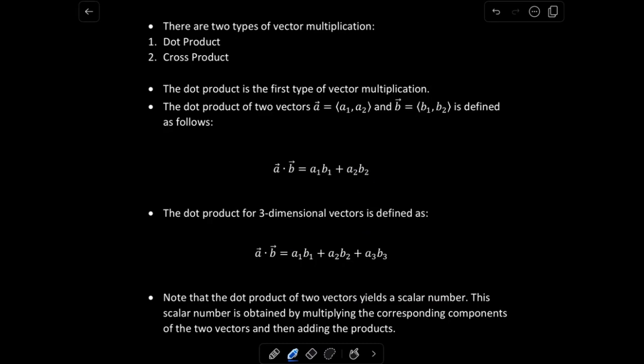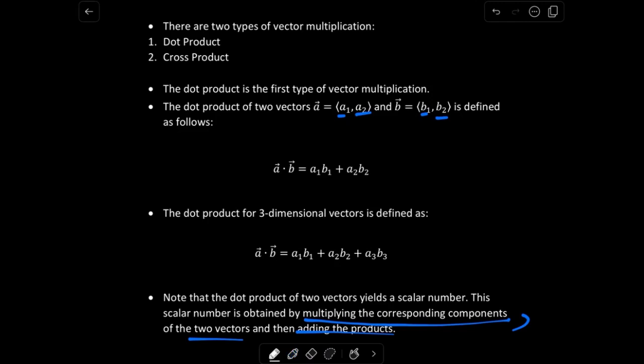Now, this scalar number, or the dot product, is obtained by multiplying the corresponding components of the two vectors and then adding the products. Now, this may seem like a handful. All you have to do is take component 1, multiply it by the component 1 of the other vector, and you'll get an answer. And then do the same for A2 and B2, multiply those together.